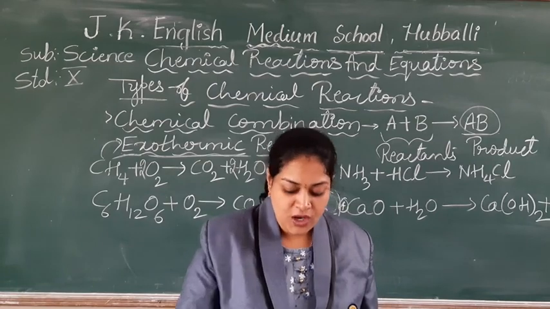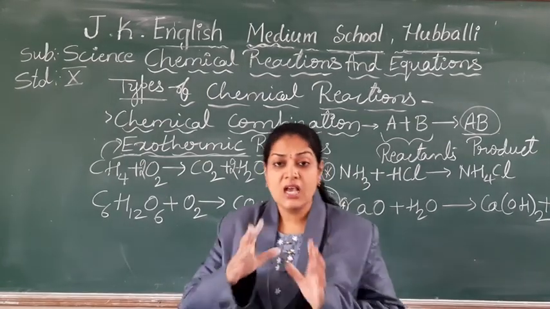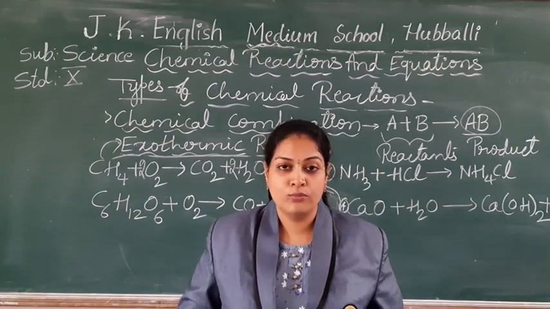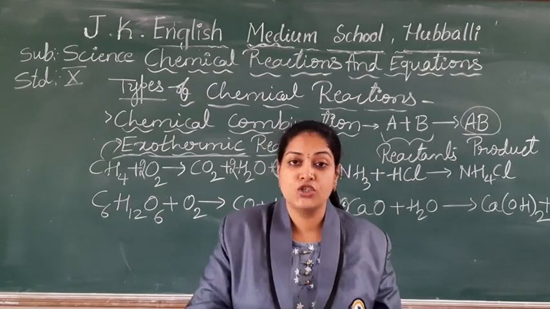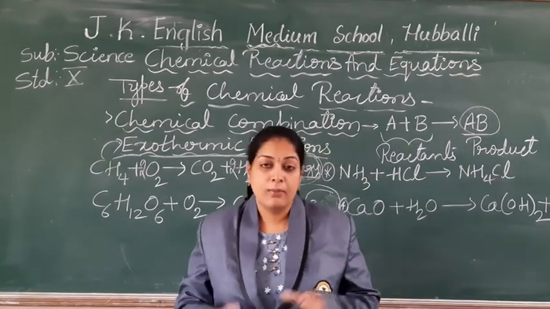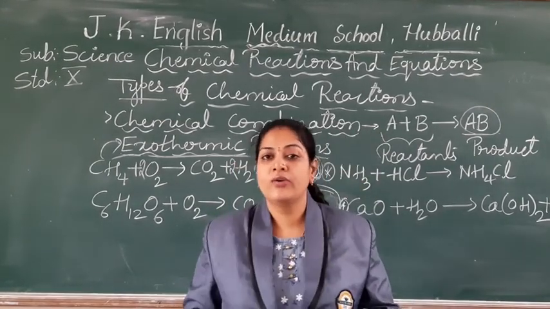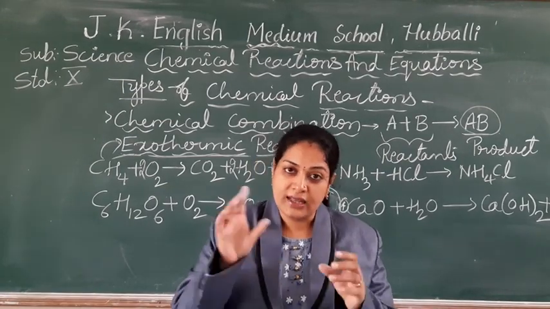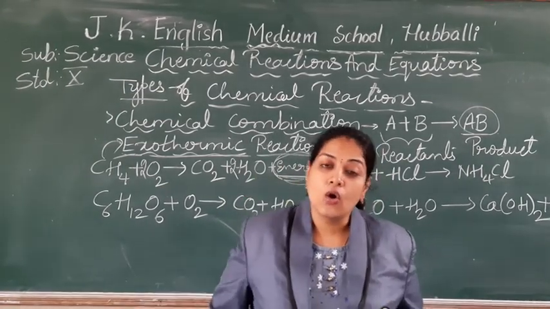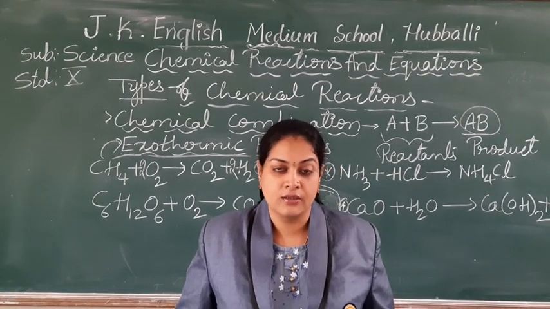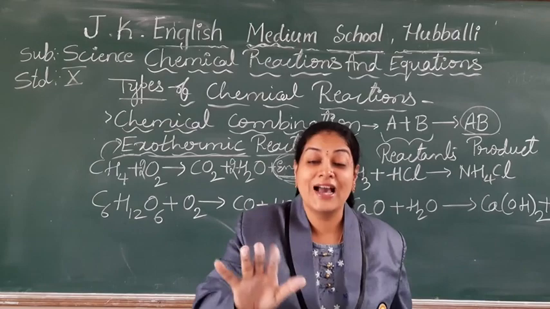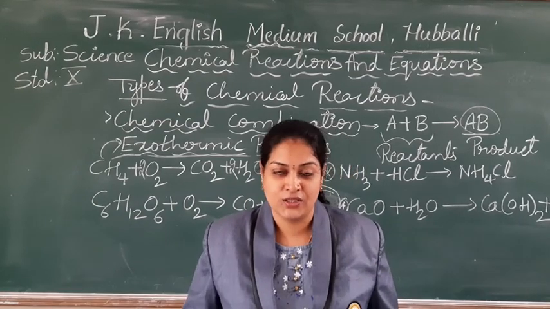Right, students? Not only this, vegetables and so on, when left to decompose, after decomposition you are going to get compost. But there a small amount of heat liberates out. So that also we can take as an example for exothermic reaction.